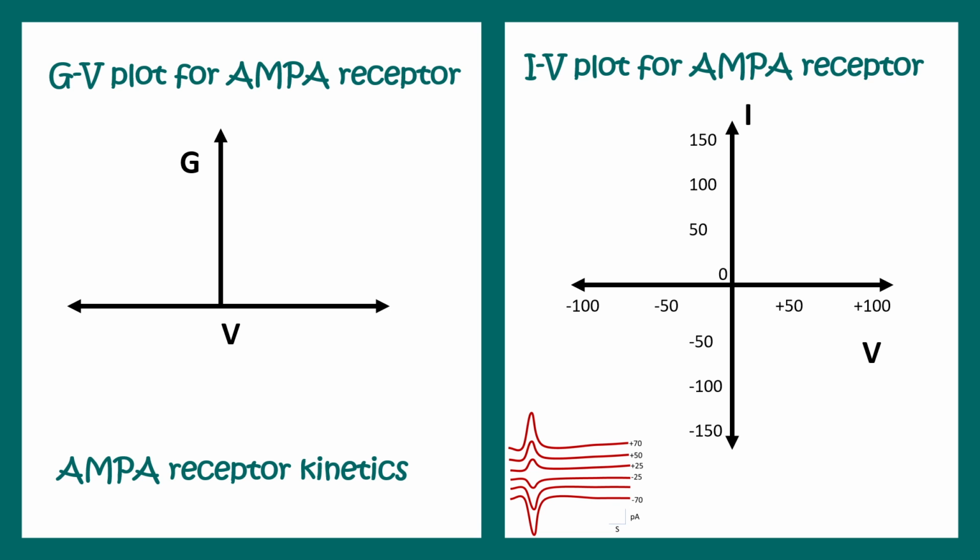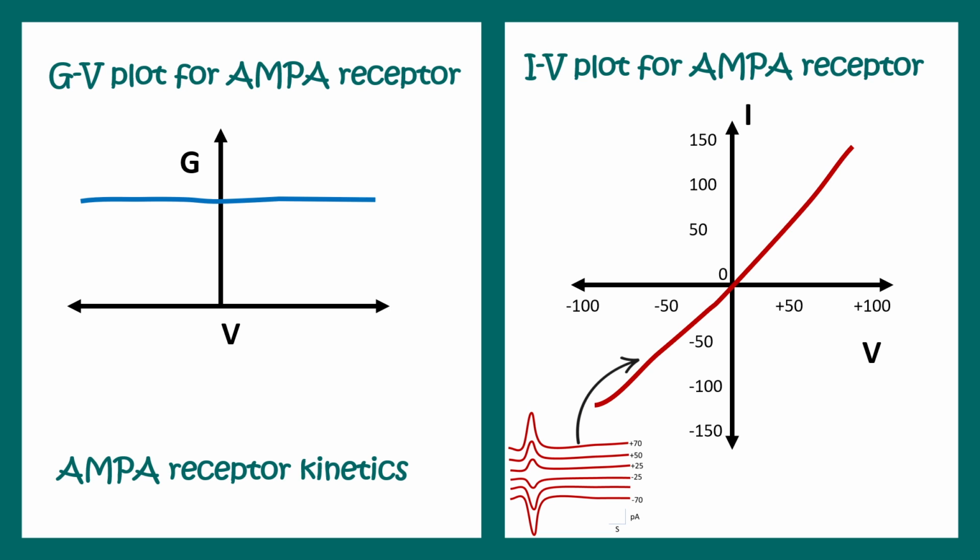You know the voltage because you are holding the voltage. So you plot minus 70, you plot the amplitude of the current, and then gradually after plotting, you would see a curve like this. So this is the IV characteristic curve. This is one electrophysiological signature of a glutamatergic neuron. Anybody would see this particular curve and say, oh, this is an AMPA current.